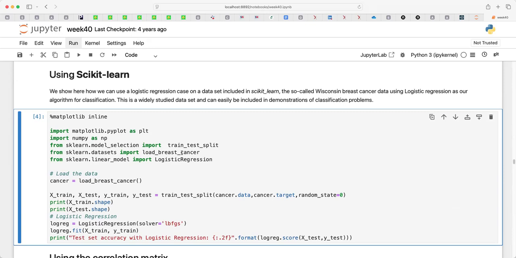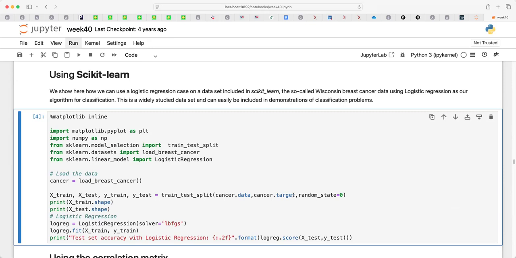This is typically coded as ones and zeros. The benefit of this data set is that you don't need to stress with setting up the train and test split, because the data set is included by default in scikit-learn. So scikit-learn does all the setup for you of the cancer data and the target values. These are the X values and these are the Y values. It does it automatically.